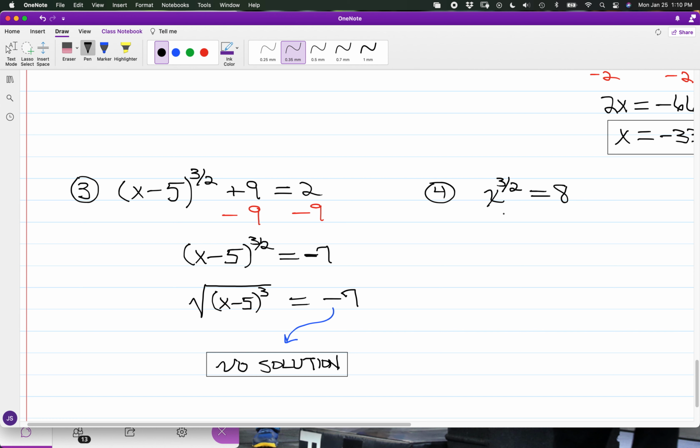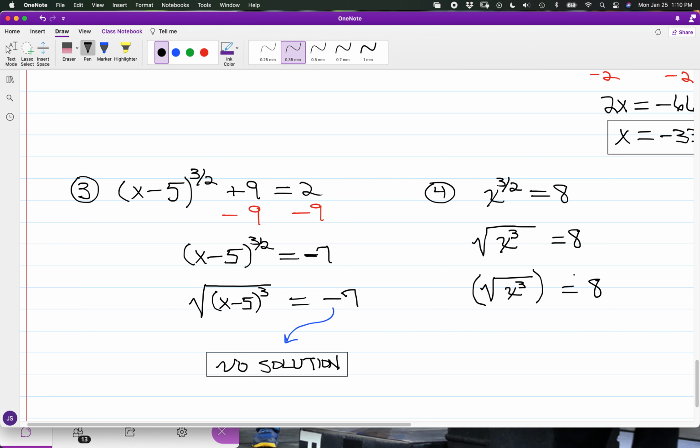Okay, so I have x to the 3 halves is equal to 8. And if I translate what I have here in x in radical terms, this is going to be the square root of x to the third is equal to 8. Okay, so I got x cubed within a square root. Now, the work can start to get a bit crowded, even when you're trying to clean up what is on display.